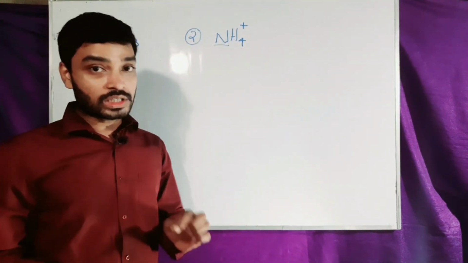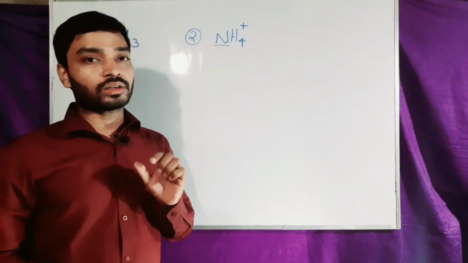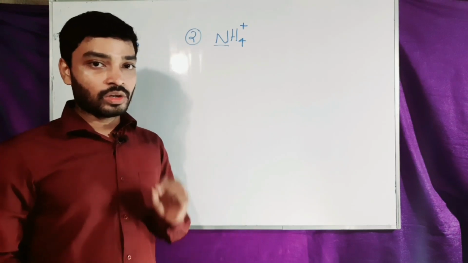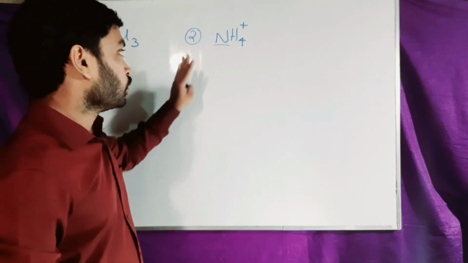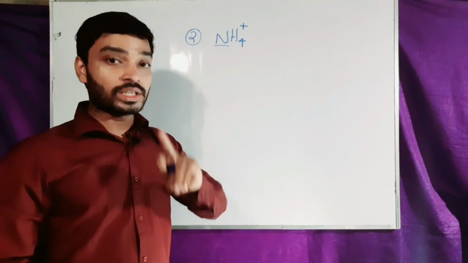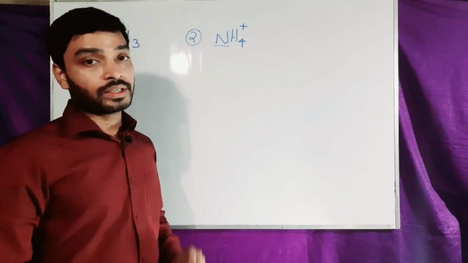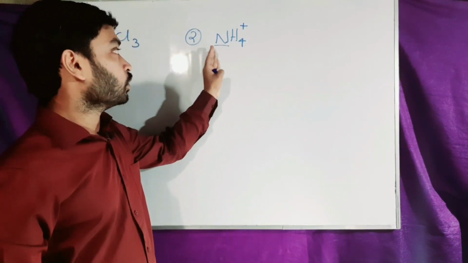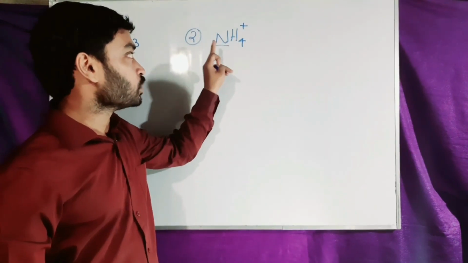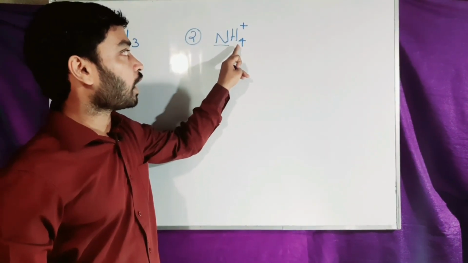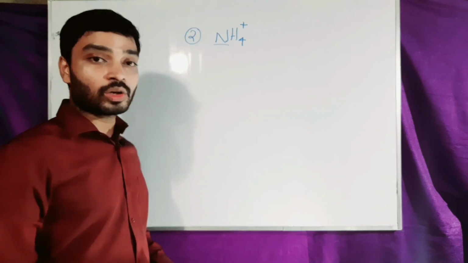But if in a question the atom is not underlined, then you should decide that the atom for which there is no rule, we always calculate the oxidation number by using the atoms whose oxidation number we know.